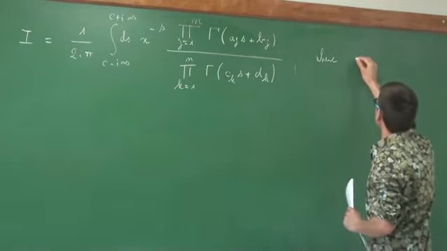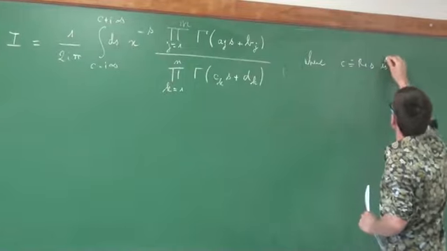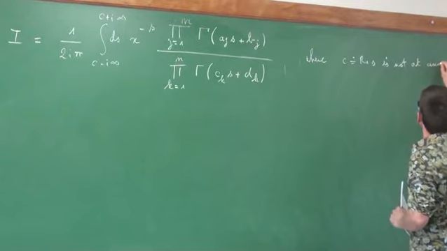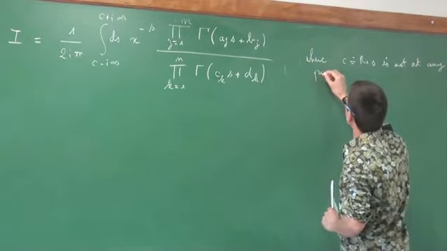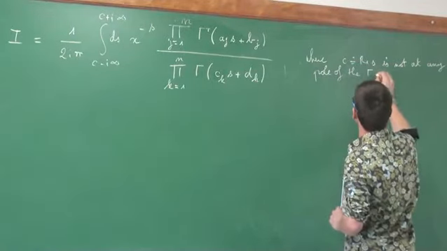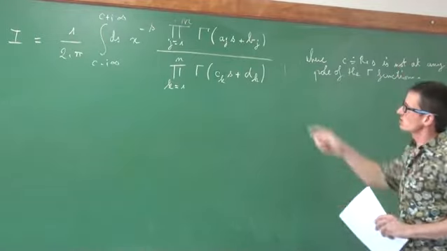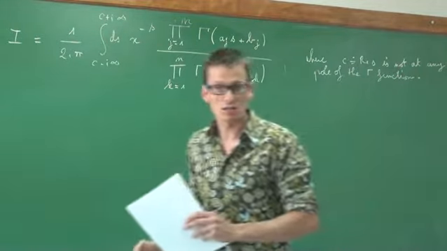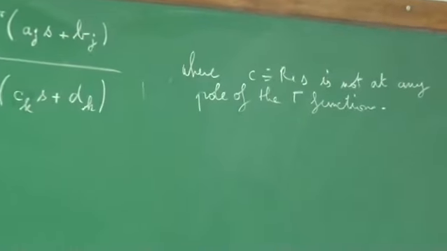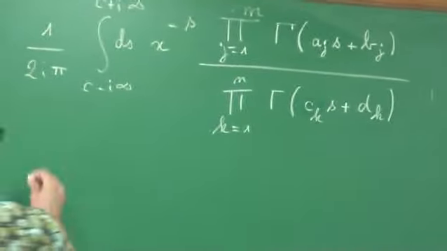So C, equal to the real part of S, is not at any pole of the gamma functions. So this is a very general class of integrals and of special functions that can be represented as this Mellin-Barnes integral. Now, let us define two quantities.